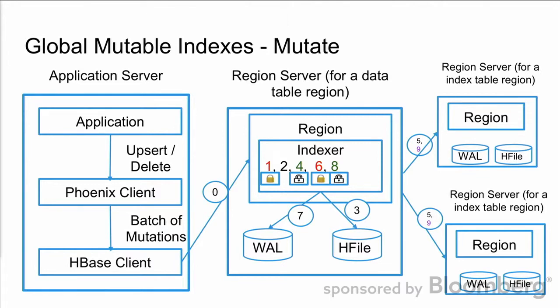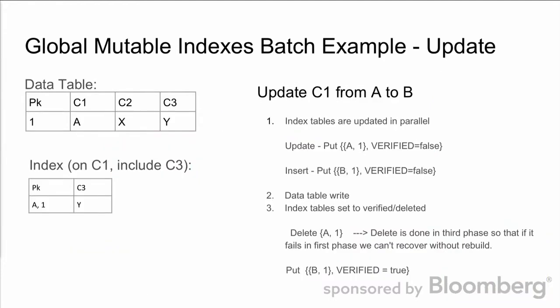So in this step 3 of calculating the batches, I'm going to now show you some examples of what I mean when I say calculating the batches. Here's an example of an update. Let's assume we have a data table with primary key or row key value of 1, and it has column 1 value A, column 2 value X, column 3 value Y, and it has an index on column 1, and the primary key for this index row looks like this.